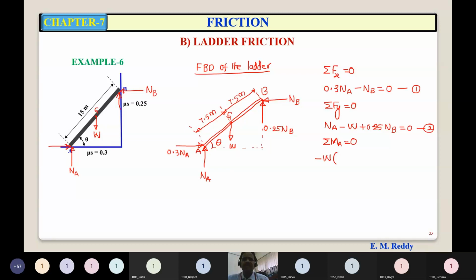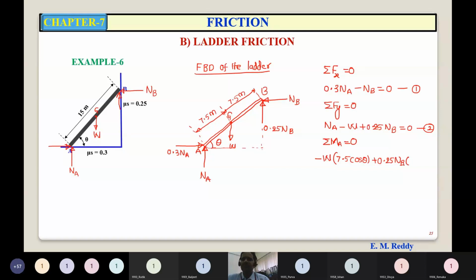W is vertical, so the horizontal distance is perpendicular: 7.5 cos theta. The moment of 0.25 NB is anti-clockwise, plus 0.25 NB into 15 cos theta; this is a vertical force, so the horizontal distance is perpendicular.